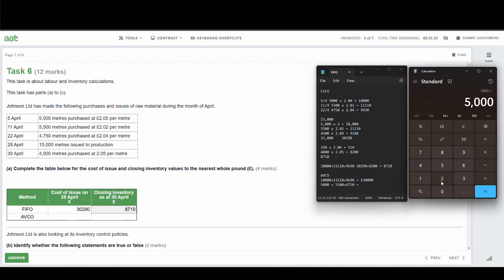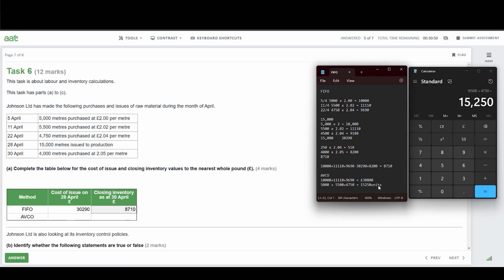To work out our average cost, we need to divide the total cost of inventory by the total number of units. Just get the total number of units first of all. So there was 15,250 units.